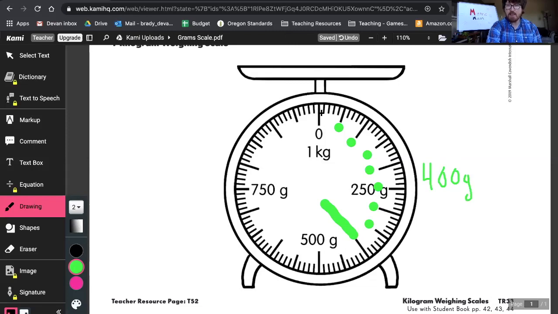And if you want to count all these small ones, you can. It goes 0, 10, 20, 30, 40, 50, 60, 70, 80, 90, 100. So you could count that way, but that might take a little longer. So it's easier if we count by 50s. 50, 100, 150, 200, 250, and so on.